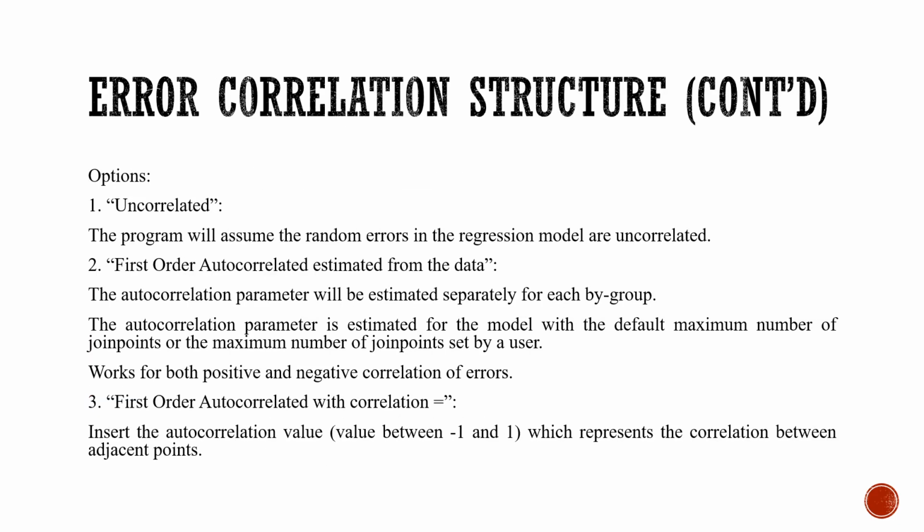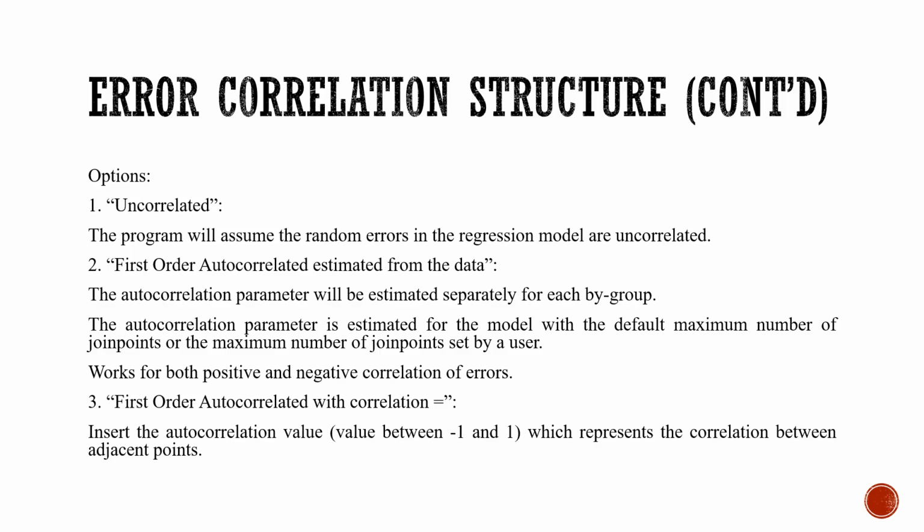For error correlation structure, we have three options. We choose uncorrelated when we want the program to assume the random errors in the regression model are uncorrelated. The option first order autocorrelated estimated from the data, if chosen, will tell the program that the autocorrelation parameter is to be estimated separately for each bigroup, that is, each state of the covariate.